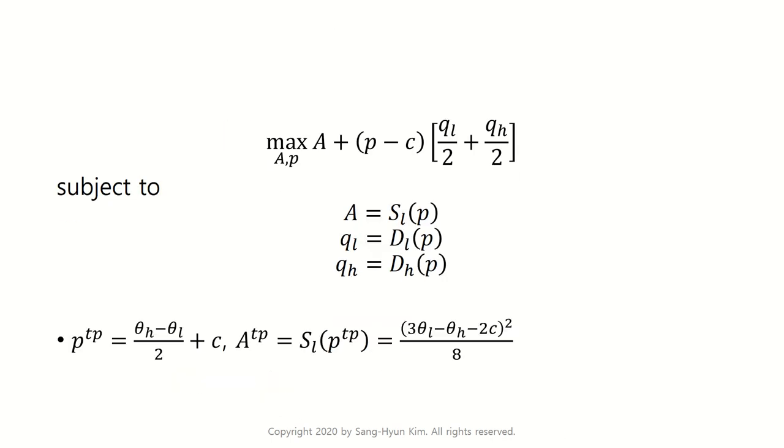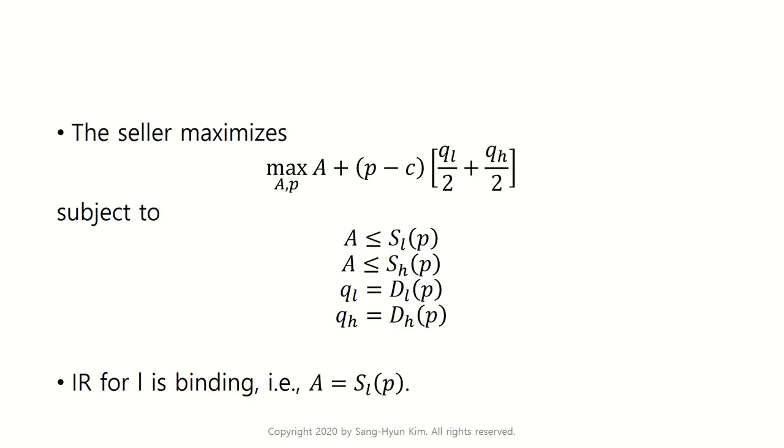So what that means is SH is strictly greater than SL. So if the IR constraint for the low type consumer is satisfied, then the IR constraint for the high type consumer is automatically satisfied, and it must hold as strict inequality.